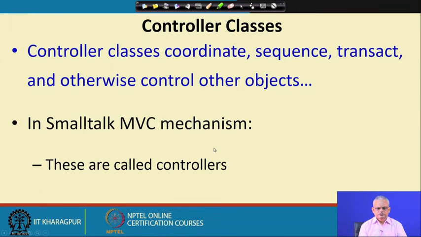We can say that the controller objects coordinate, sequence, transact and control other objects. So, these are the ones which are the brain behind the application. They coordinate the boundary objects and the entity objects and get the work done. The work that is required as part of a use case is done by the controller object.